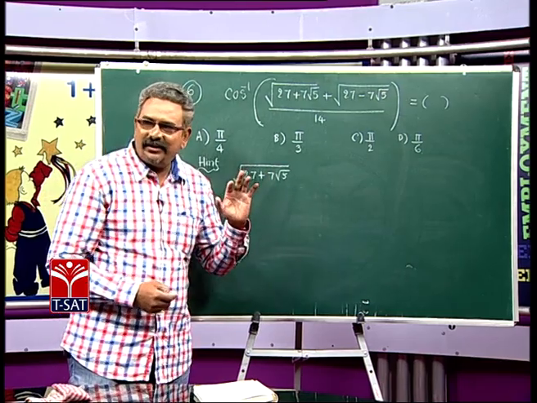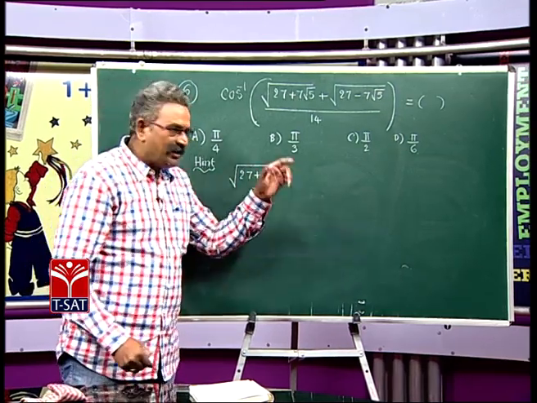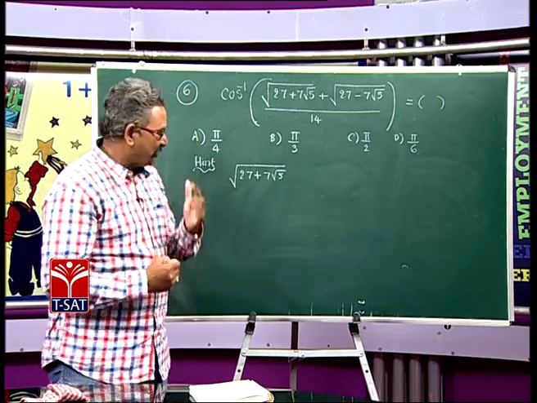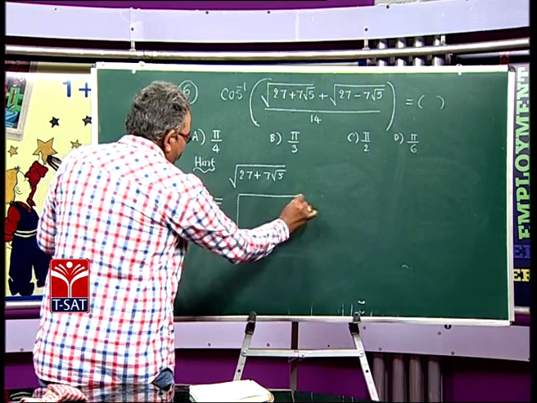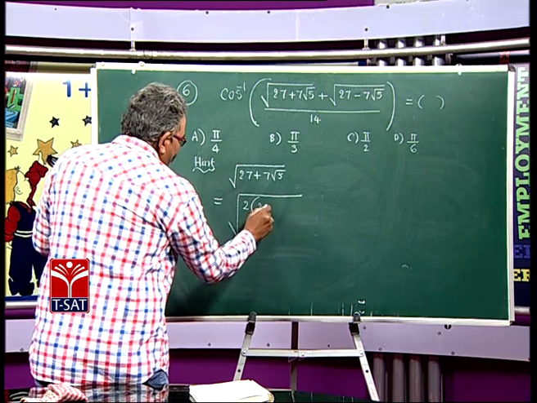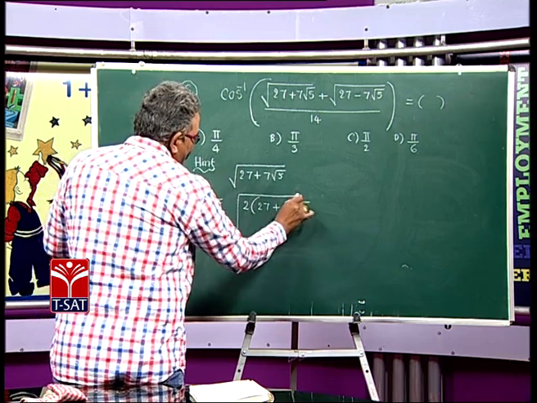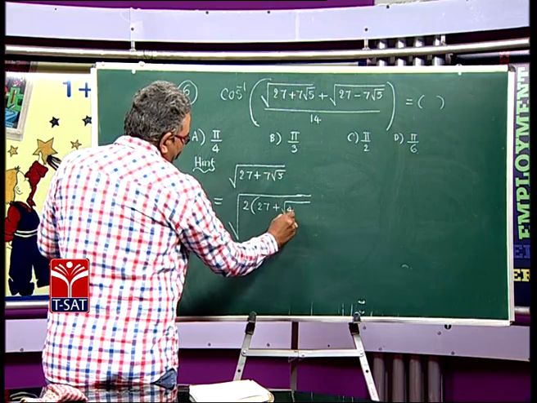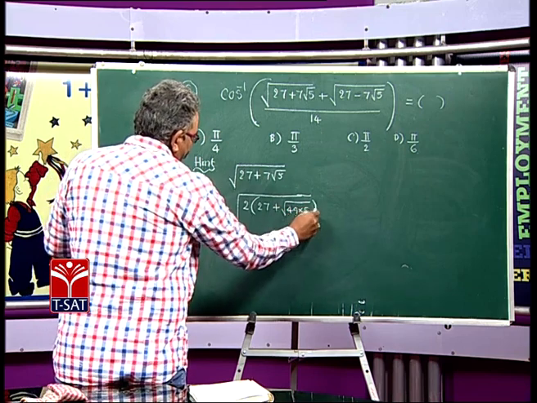Under root itself only, multiply with 2, divide by 2, so that it can be put in the form of 2 root of something. So now let us do it. Multiply with 2. 2 into 27 plus, this can be written as a pure surd, 7 square means 49, you can write, square root of 49 is 7 only, into 5 by 2.